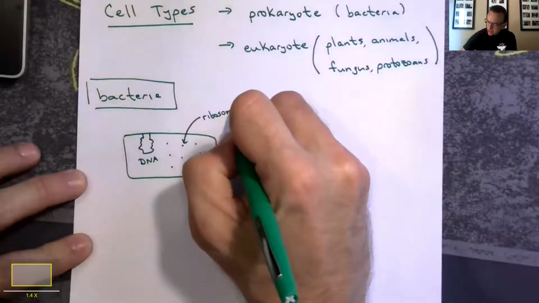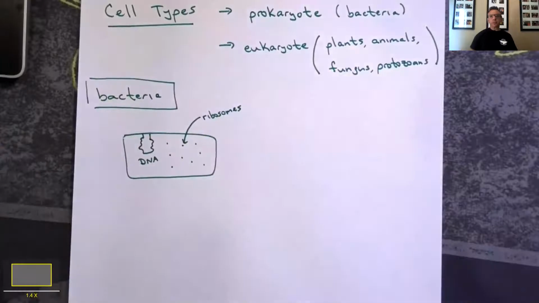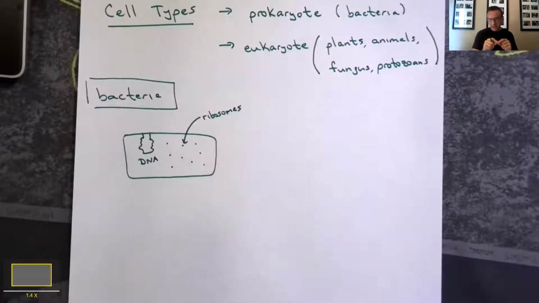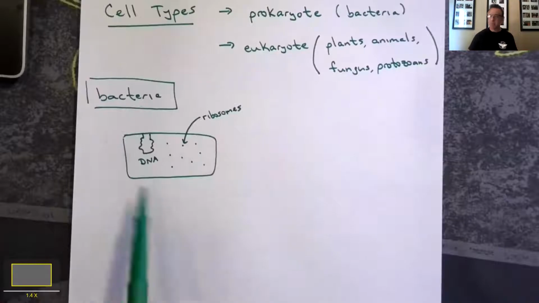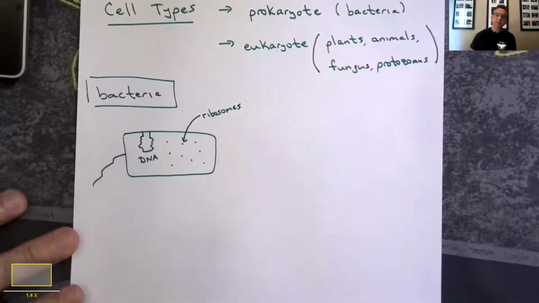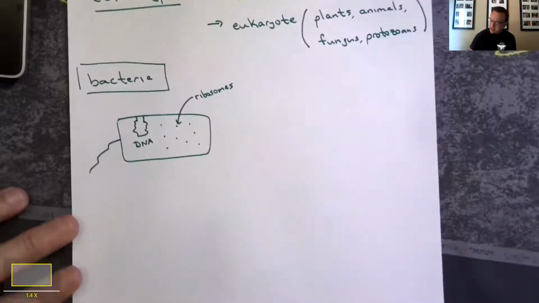And it's the job of the ribosome, if you recall gene expression, transcription, and translation. During translation, it's the ribosome's job to link the amino acids together to make proteins. So of course, bacteria have to have ribosomes because bacteria have to make proteins. And then you may or may not have a flagella. Okay, it's a very basic bacteria.